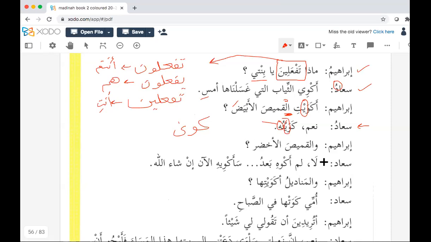Tayyib. And then Ibrahim asks another short question and says, والقميص الأخضر. That's the question. The question now is, why does this have a fatha?